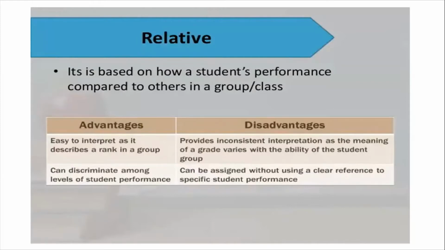Its advantages: it's easy to interpret as it describes a rank in a group, and it can discriminate among levels of student performance. For its disadvantages, it provides inconsistent interpretation, as the meaning of a grade varies with the ability of the student group. It can be assigned without using a clear reference to the specific student performance.